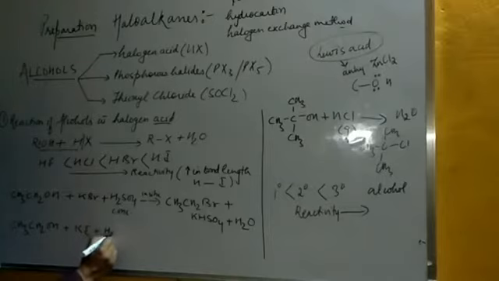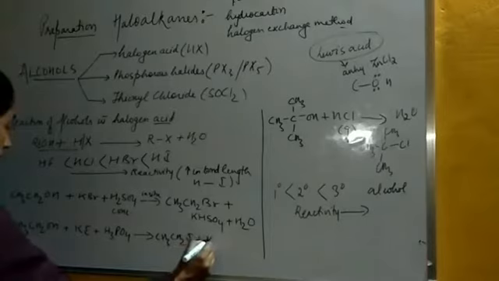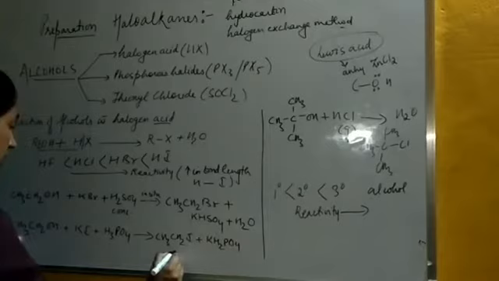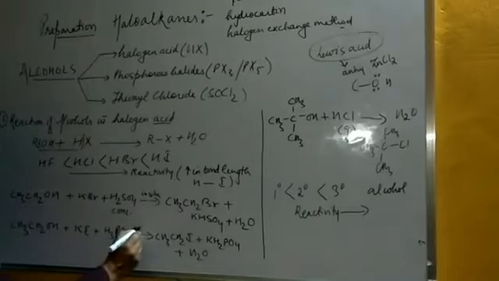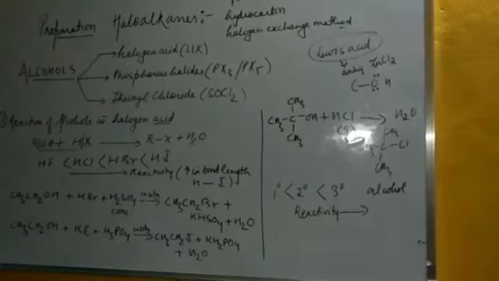Now we will get it reacted with phosphoric acid, H3PO4, and the product formed will be CH3CH2I plus potassium dihydrogen phosphate plus water. So in this way, here also the hydrogen iodide will be formed in situ, that is, during the reaction between the two reactants KI and H3PO4.